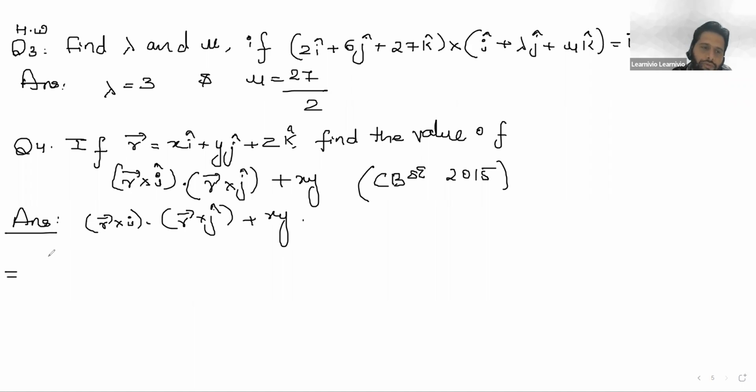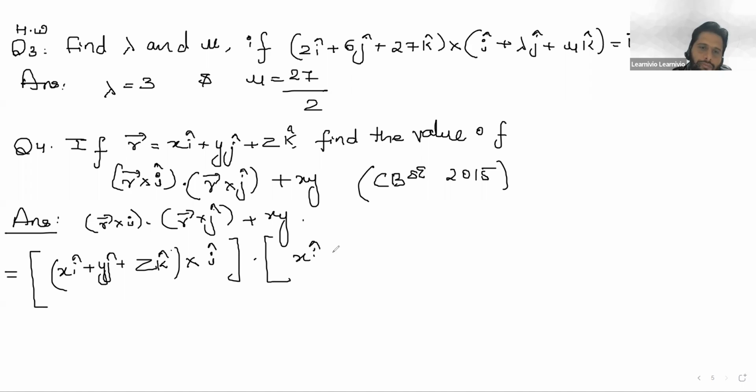R cross i, so we can write xi cap plus yj cap plus zk cap, cross product i cap, then dot this xi cap plus yj cap plus zk cap, cross product with j cap, plus xy.